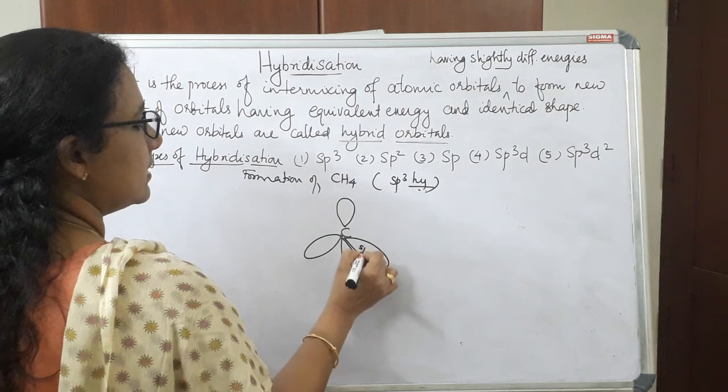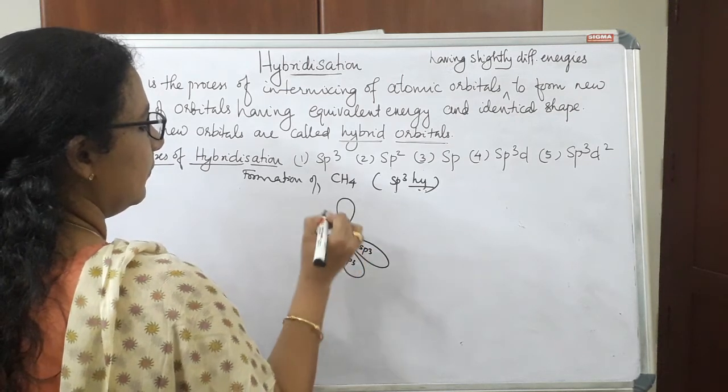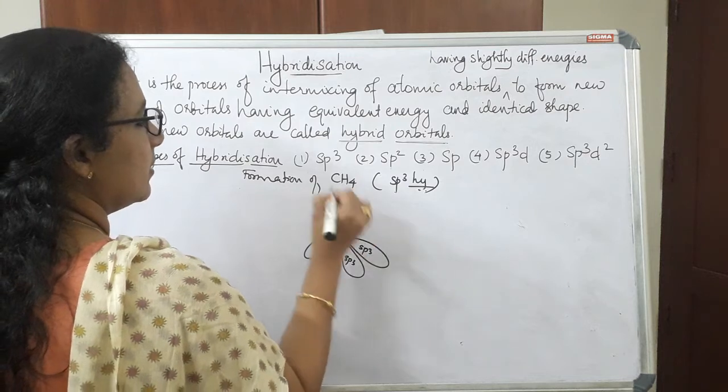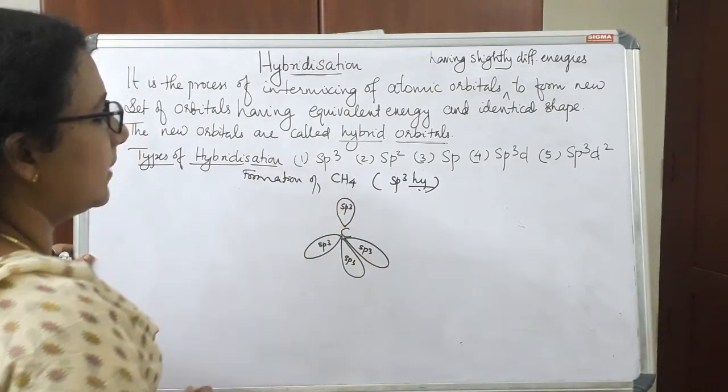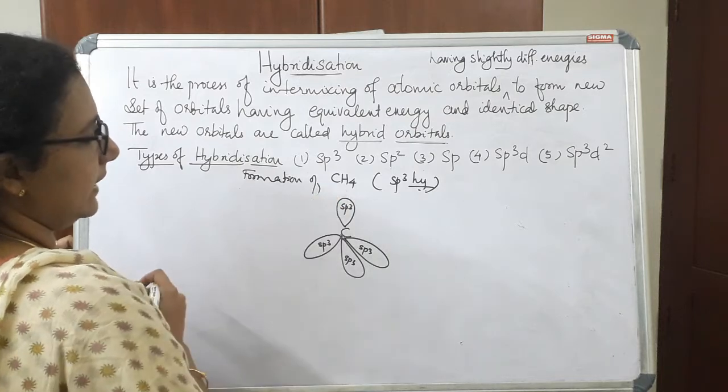So this is sp3 hybrid orbitals. They are 4 in number. So 4 sp3 hybrid orbitals are formed in the case of carbon after hybridization.